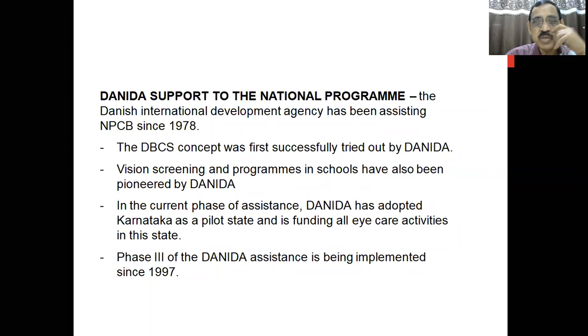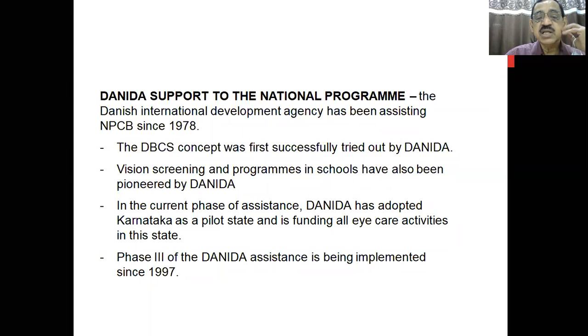Because India is a very big country and the population is really very, very huge, unless the services are decentralized, you will not be able to do justice and reduce the height of blindness in the country. So that's the reason this concept of District Blindness Control Society has been introduced by the Danish International Development Agency. It has assisted in the NPCB since 1978.